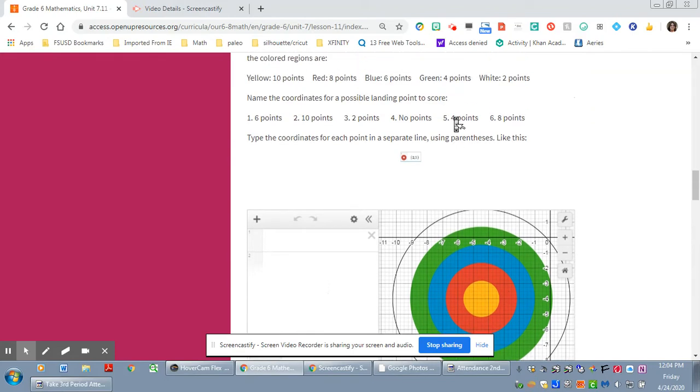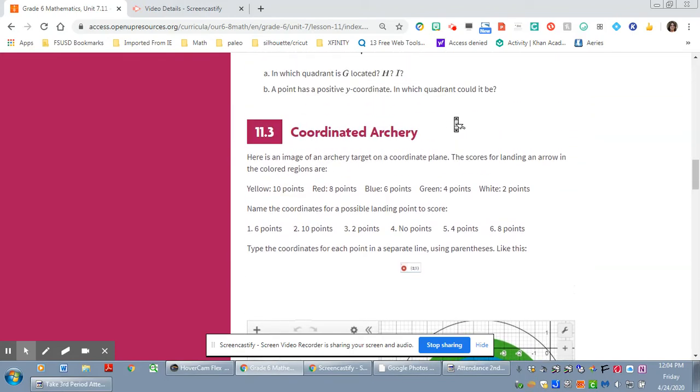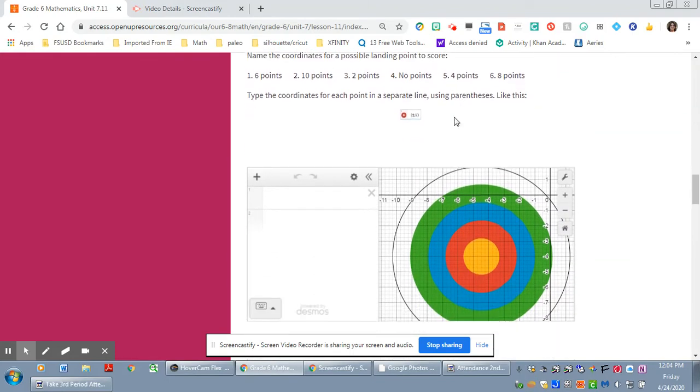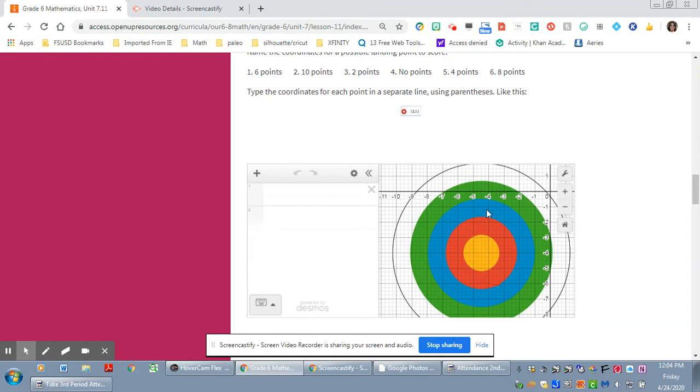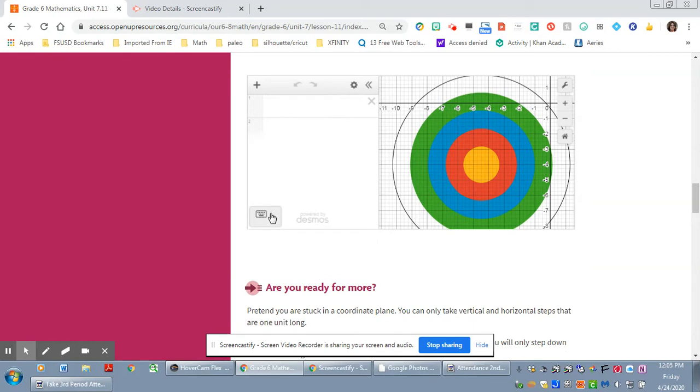Okay, so they have this little interactive thing you can do here.